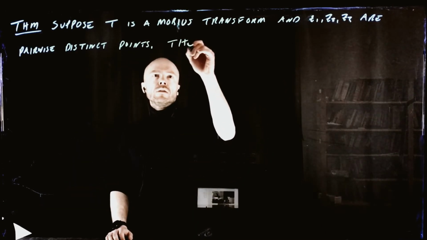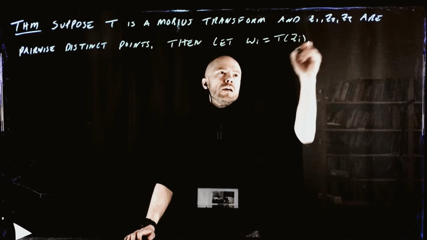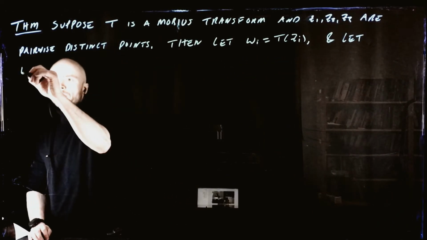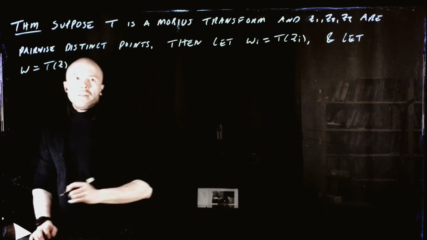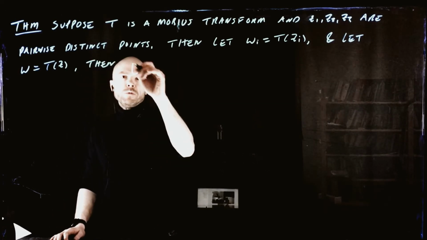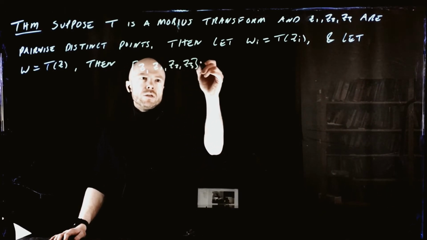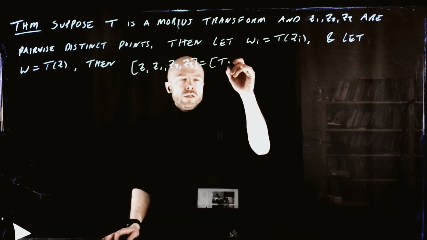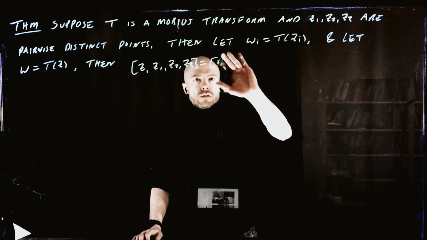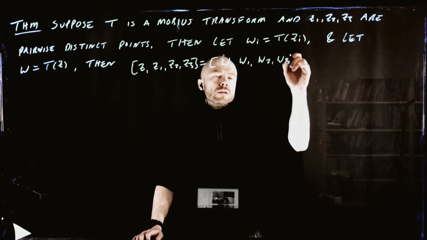Then let Wi be T of Zi, and let W be T of Z for any Z. Then the following is true: when we take this cross ratio of Z, Z1, Z2, Z3, it is the same as the cross ratio of W, W1, W2, W3, where W is T of Z.